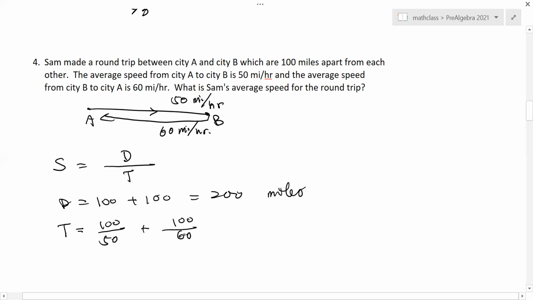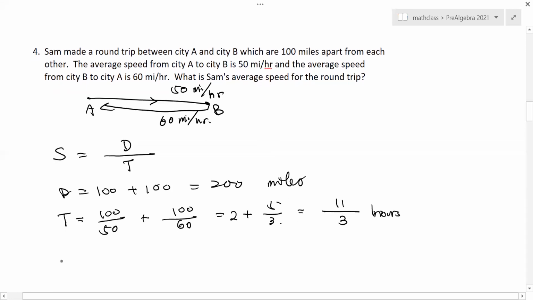So we have to simplify a little bit. The first one is 2. The second one is 10 over 6, which is 5 over 3. Let's use fractions. So the total is 11 over 3 hours.